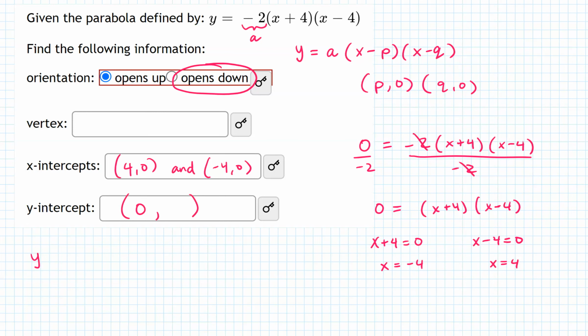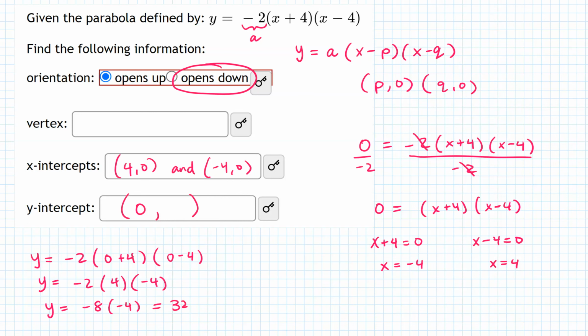So what we need to do is plug in 0 for x, and we get y equals -2 times 4 times -4. -2 times 4 is -8, and -8 times -4 ends up being 32. So our y-intercept is going to be (0, 32).